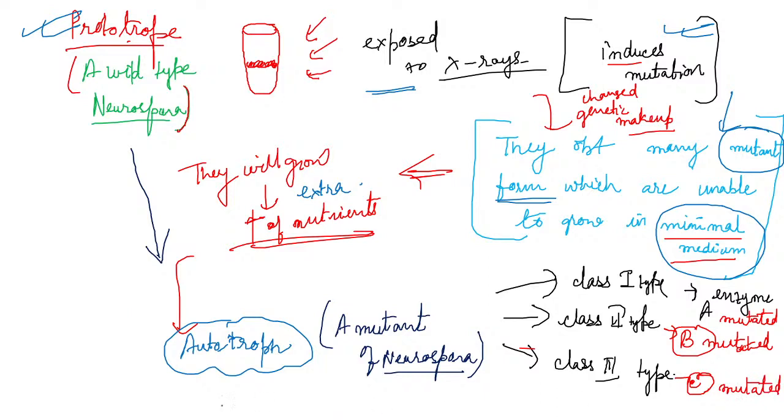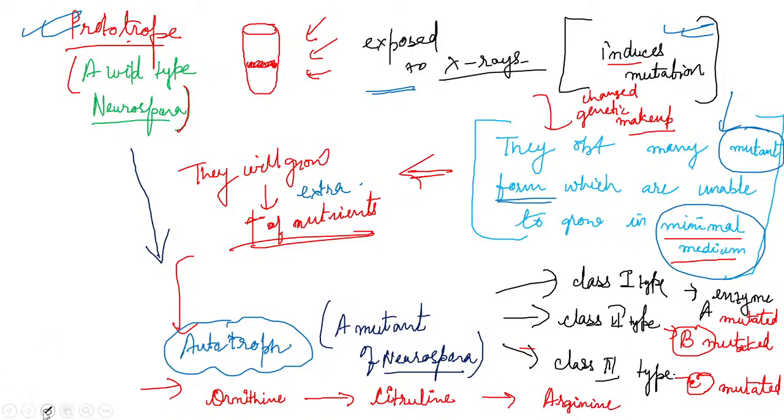And what was the raw material provided to these classes? The raw material is ornithine, the raw material is citrulline, and the raw material is arginine.